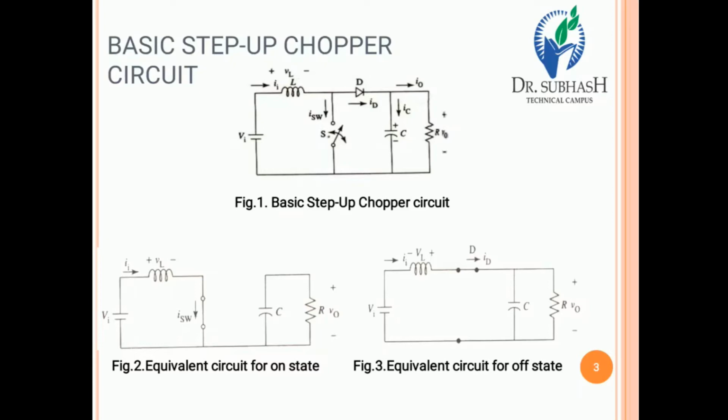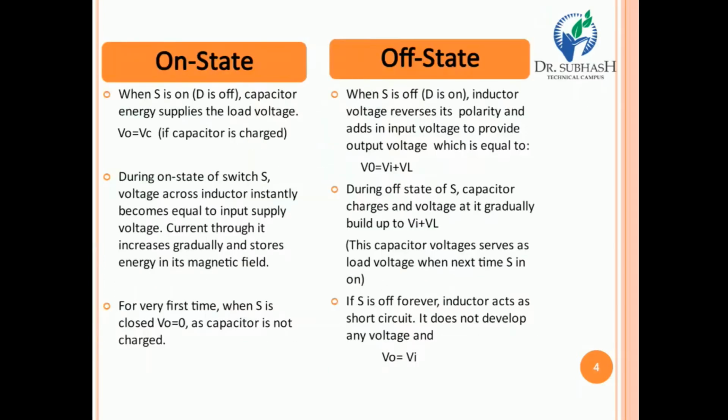In figure 3, the switch goes into the off condition, so the diode goes into the forward bias condition and works as a closed switch. That is the equivalent circuit for the off state, and figure 2 is the equivalent circuit of the on state of the basic step up chopper circuit.